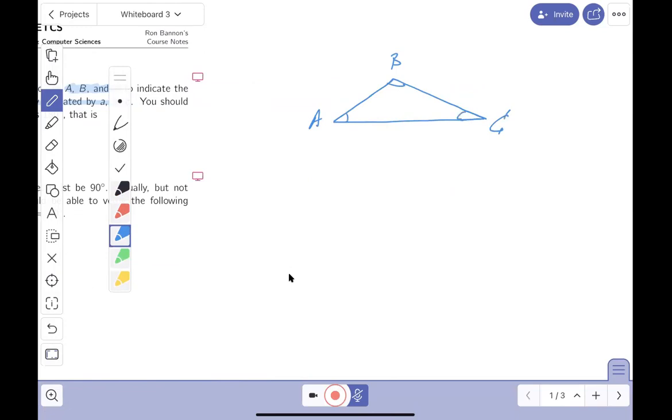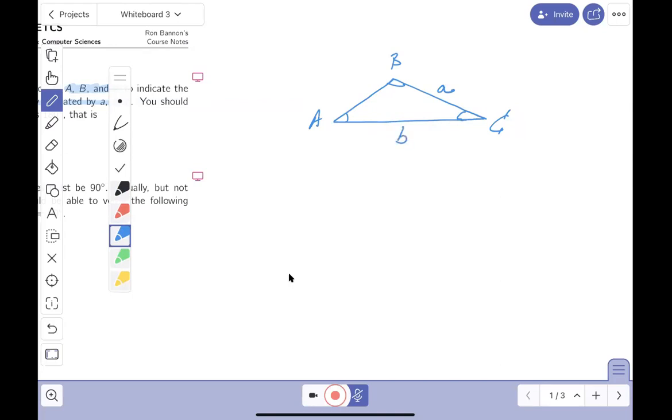And they're uppercase letters. Now, what do we say? It's convention that we have these uppercase letters to represent the angles. Now, the side opposite angle A, we're going to label it side a with the lowercase letter. The side opposite angle B, we're going to call that b, and we're going to use a lowercase letter to do that.